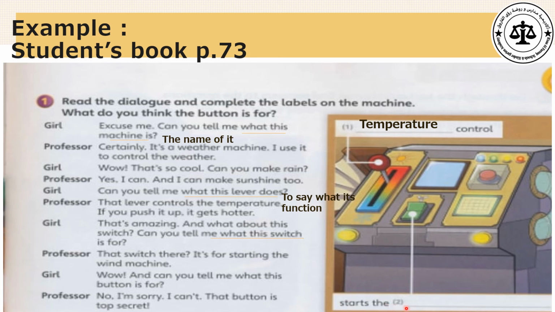Starts what? Yes, it starts the wind machine. So here we have the lever that controls the temperature, and here we have this switch that starts the wind machine. Write the answer in your student's book.